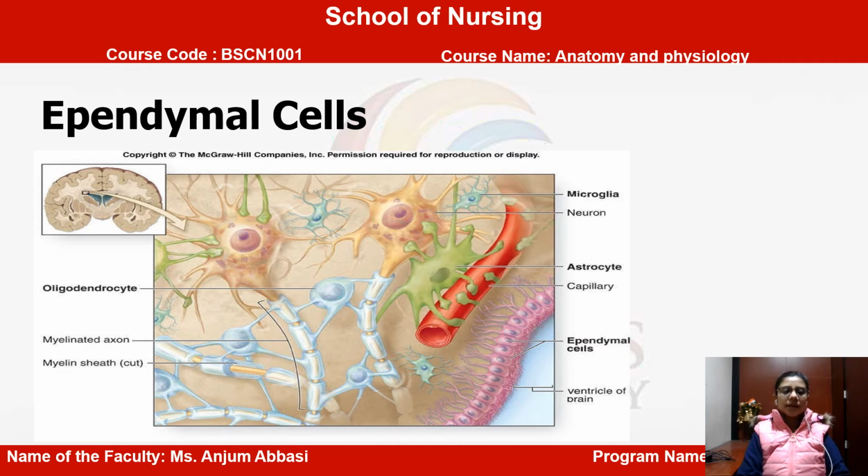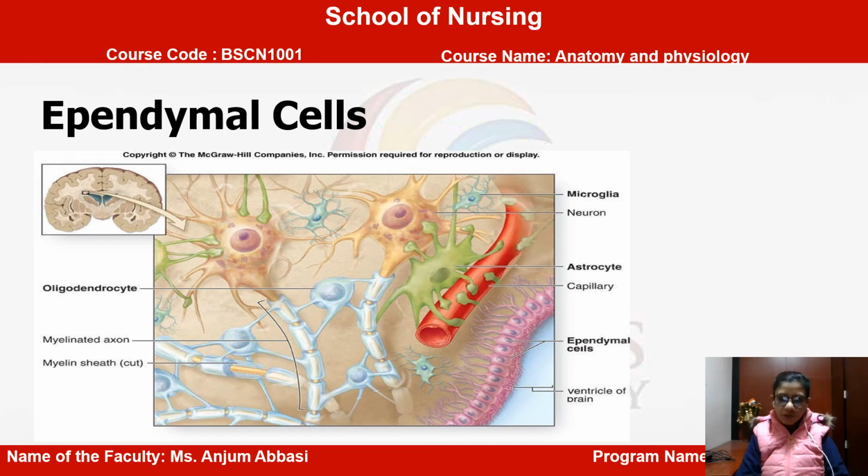So here you can see the picture of an ependymal cell, how it looks. This is the structure of the ependymal cell, in which this sea green colored small cell is known as microglia. Generally we are learning about neurons, and there is a presence of microglia. You can differentiate them color wise. Then this greenish one, which has different projections, is an astrocyte, and this red one is the capillary.